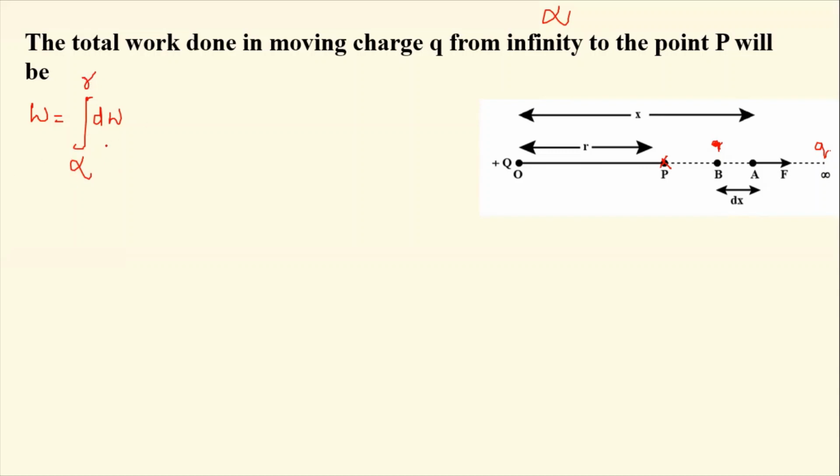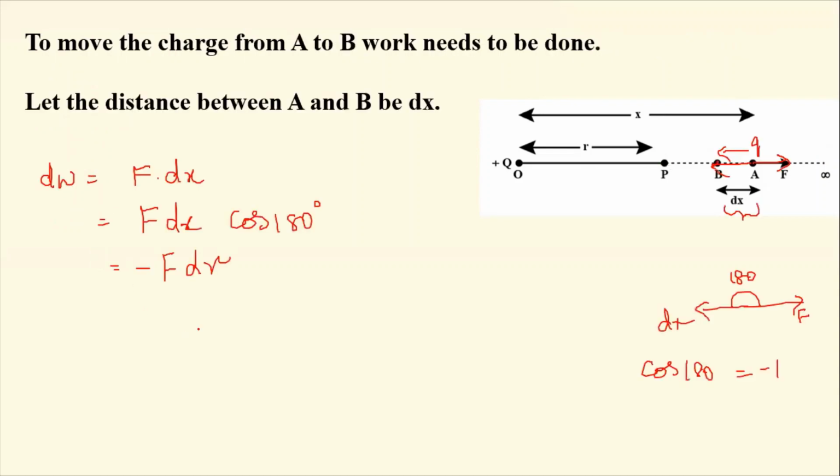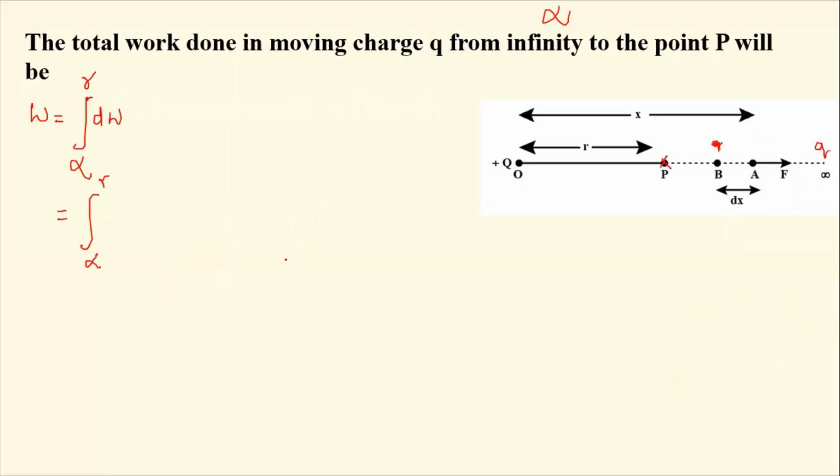So you have to write the integration from infinity to R of F dx cos theta. That F dx cos theta was minus F dx cos 180, right? So we will write this as minus F dx here.